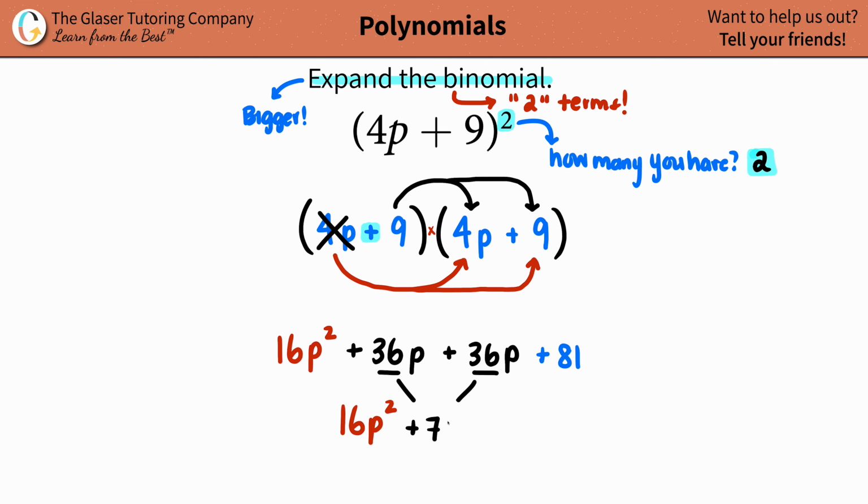So plus 72. Now, when you're adding variables, the p will stay the same. You do not say this is p squared. So when you add variables, that variable is just like a placeholder idea. So that's just 72p. And then plus 81. And basically, we have the answer. Oh yeah. So final answer, 16p squared plus 72p plus 81.